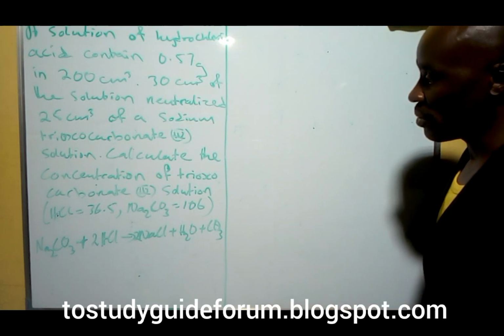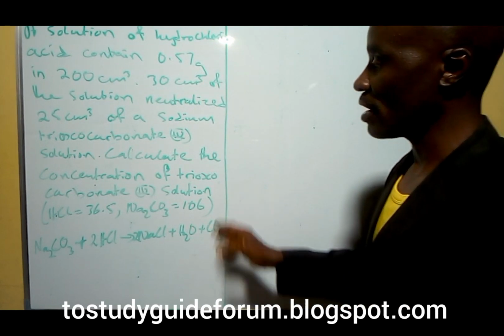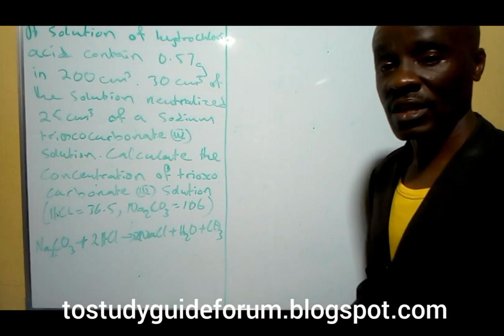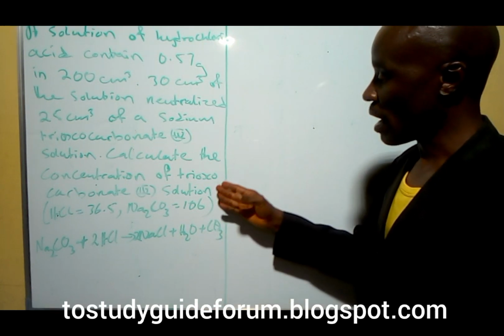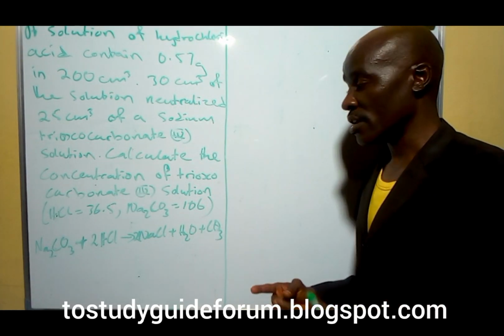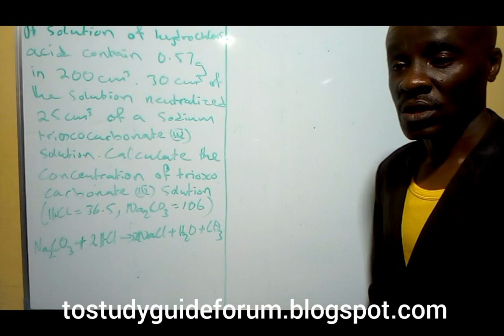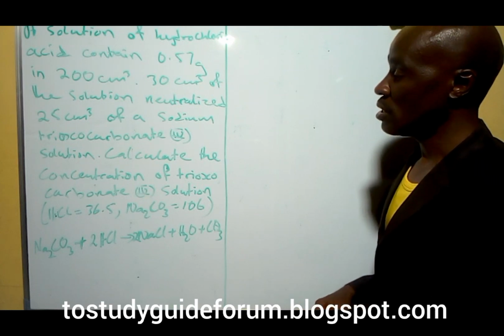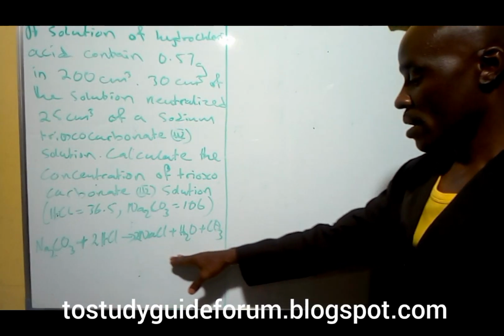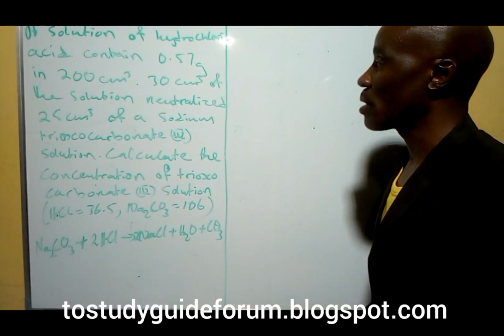Now based on this, you can see that they did not specify which concentration we're going to calculate. In other words, because they did not specify, the best you can do here is to calculate both the mole concentration and the mass concentration. So in this question, we have our chemical equation.